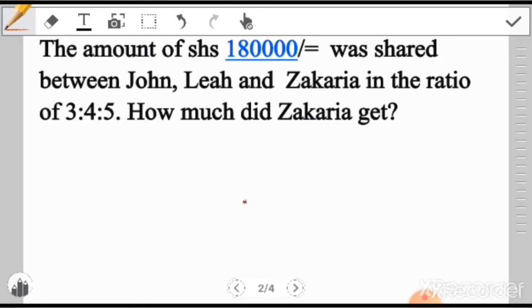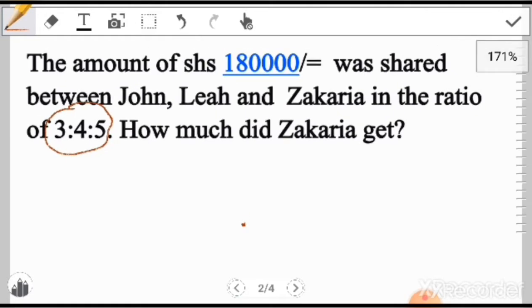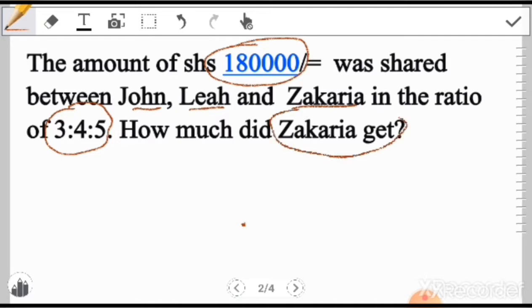So here let's identify our variables. We have ratios here. We have the quantity, this is the whole amount. We have people involved in the sharing, and we have the question. We need to find the amount of money which Zachariah got.